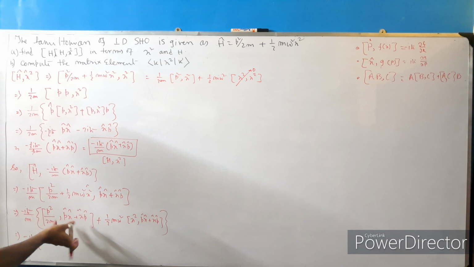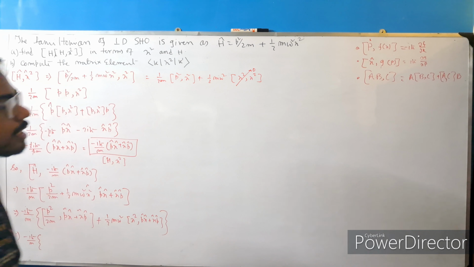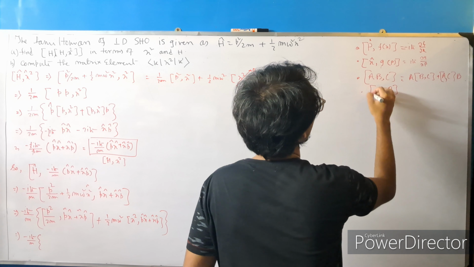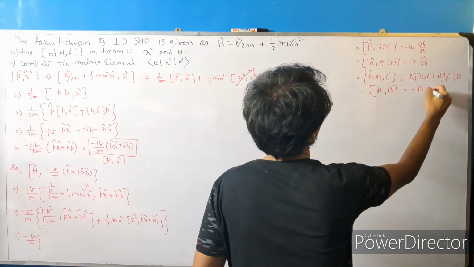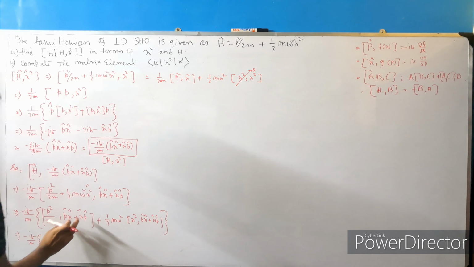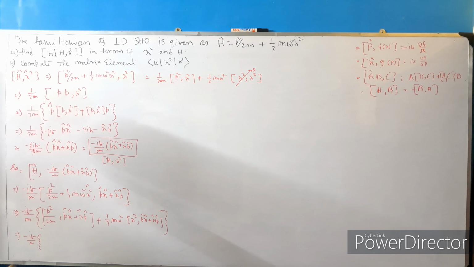So I will invert this formula. I think you obviously know that [a, b] can be written as minus [b, a]. So by using this, I will invert the relation here, totally just for my convenience. You can do it without doing it. So I will just take the minus inside and I will invert it.